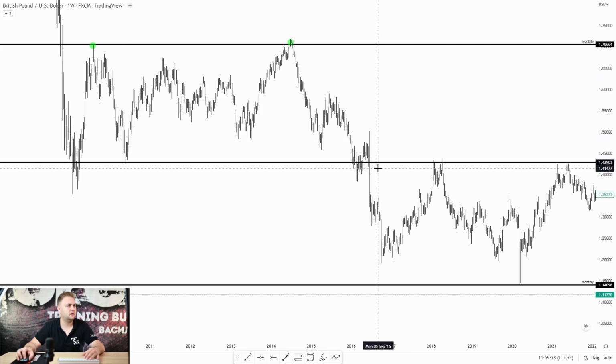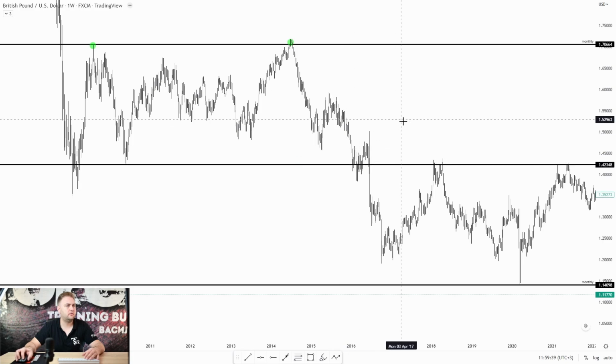There it is. In 2018 we have two pushbacks here, and if we make our level a little lower, there we can see another pushbacks. So 1, 2, 3, 4, 5, 6. I can say that this is very strong weekly level.